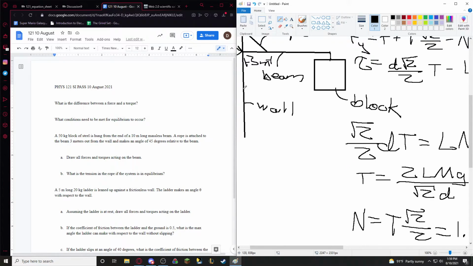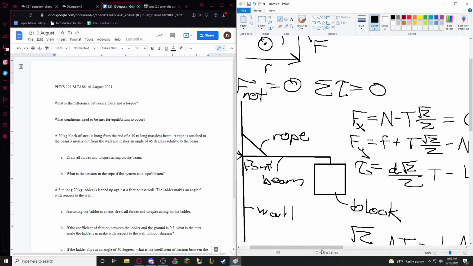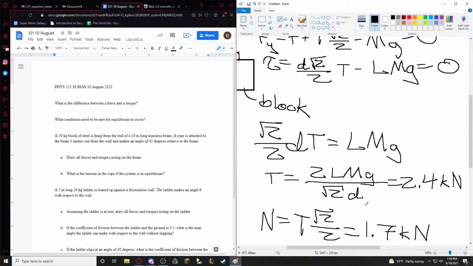If you calculate everything and get a negative value, it usually means you guessed wrong initially by saying it was in the positive y direction, and it's actually in the negative y direction. Anyone have any questions about this? All right. Then you guys should be experts on this.